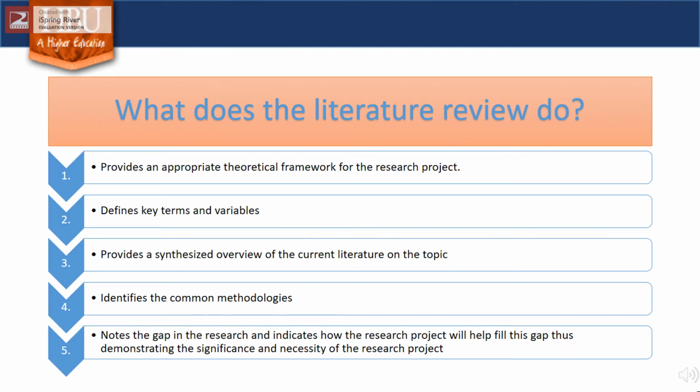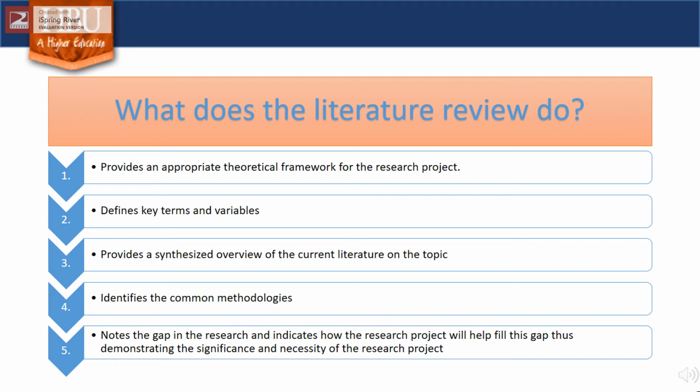All right, so let's talk some specifics about what will be included in your lit review. Your lit review is going to include an appropriate theoretical framework for your research project. In addition, you'll think about defining key terms and variables as they have been discussed in the current literature. You're going to give an overview of the current literature on the topic.